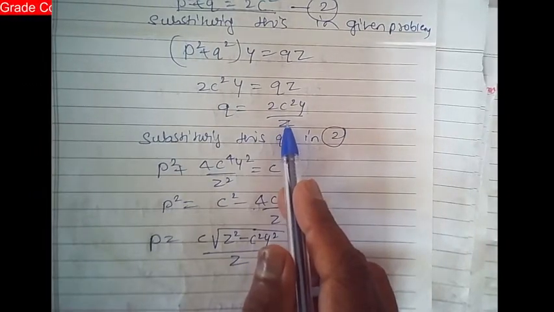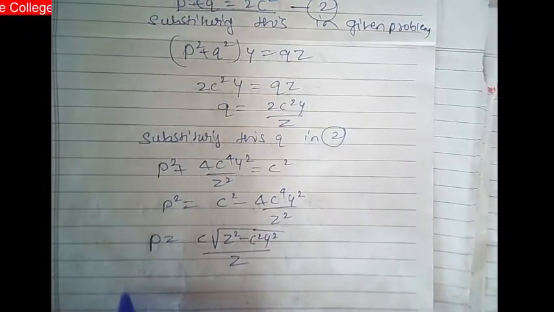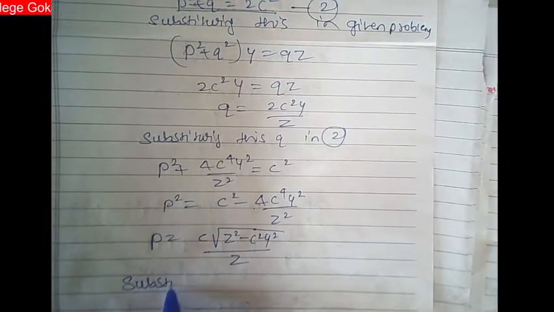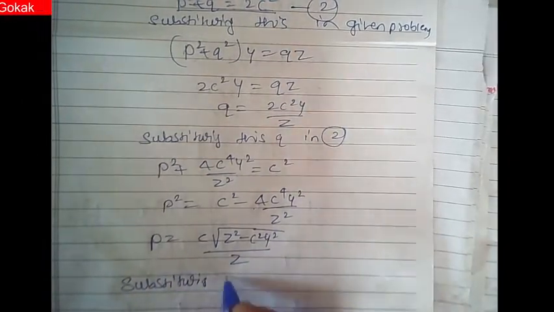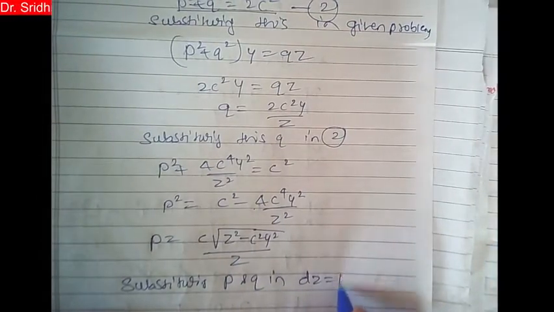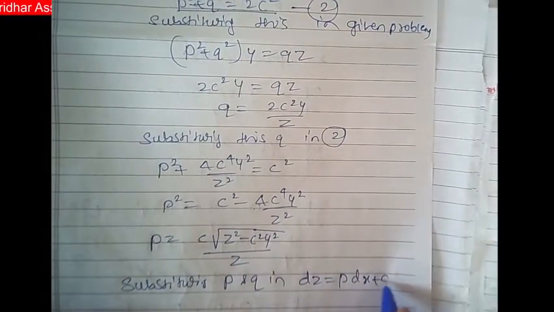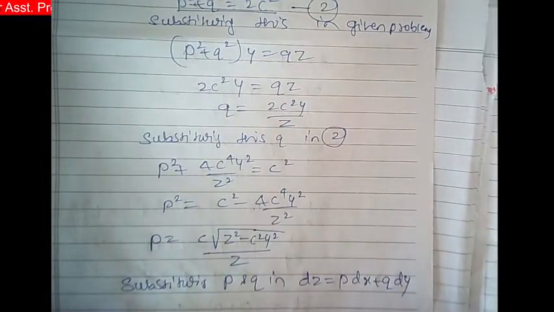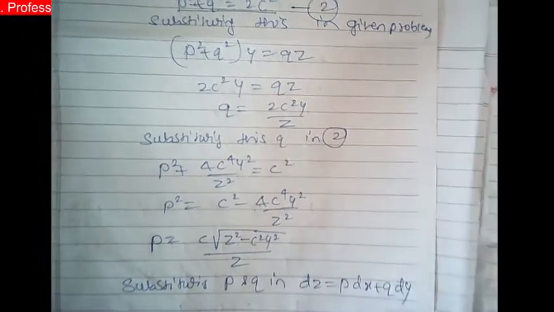We obtain both p and q. So now substituting p and q in the equation, dz is equal to p dx plus q dy. In this equation we have to substitute that.